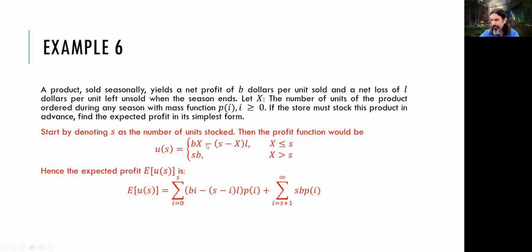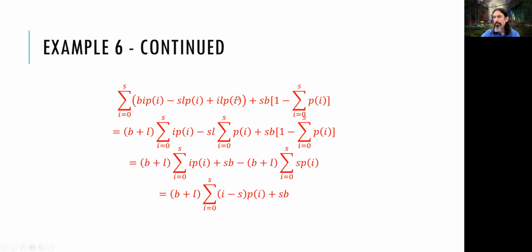Here SB is my profit when X is greater than S. As you can see, I start with S plus 1 and go to infinity, so this is the expected value for the second scenario. When you sum these two, you get the expected value. But you have to simplify first: open up the parentheses, get rid of the excess, and then sum it up. This is the simplest form we can get.